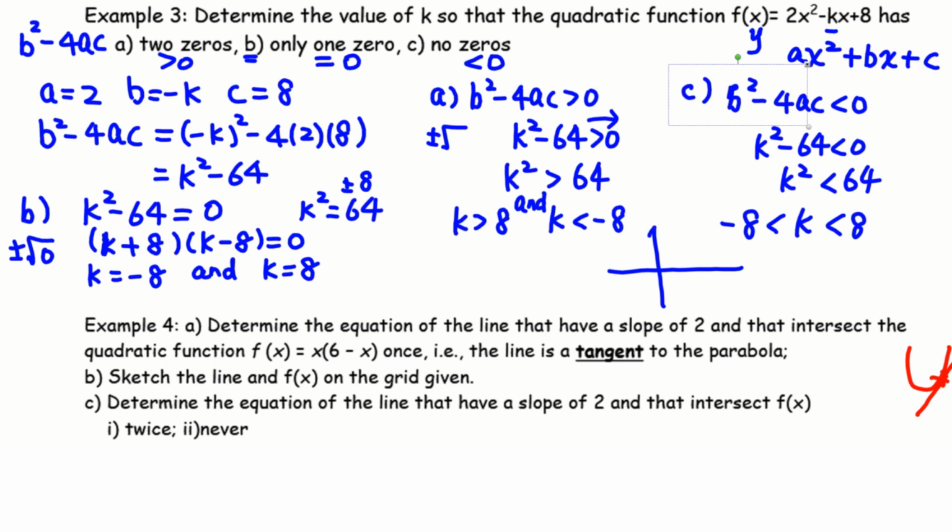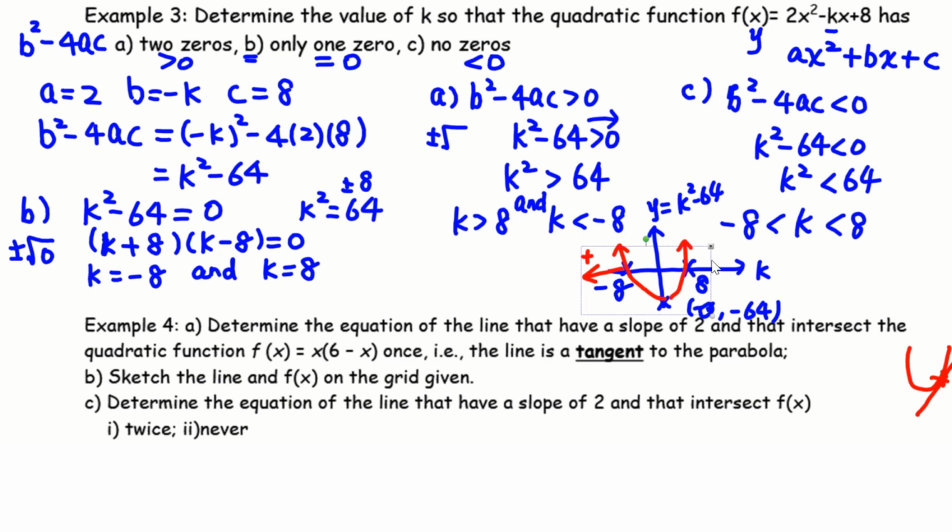Another way you can find it is, you have y equals k squared minus 64. If we graph this parabola, negative 64 is your vertex. Then you have two zeros, negative 8 and positive 8. If we sketch it, you will see that if k is less than negative 8, b squared minus 4ac is positive.